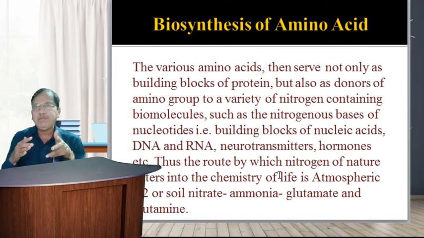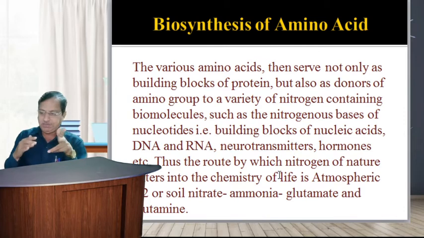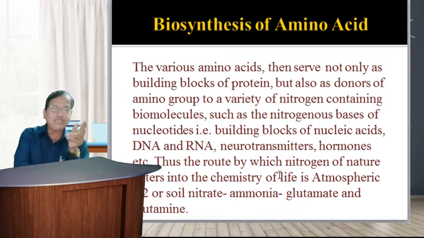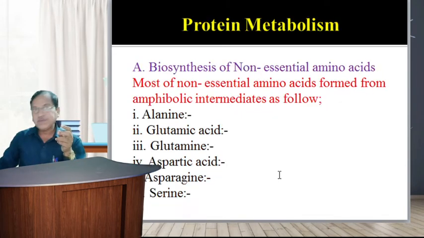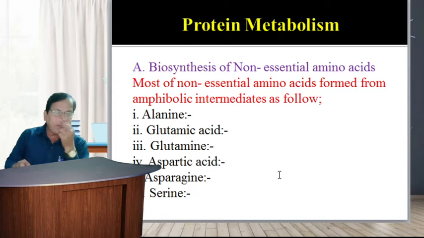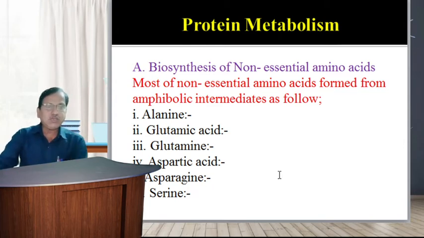glutamate and glutamine, which is the specific process for the biosynthesis of the amino acids. These processes occur only in microbes, fungi and plants. These organisms can synthesize all 20 amino acids.